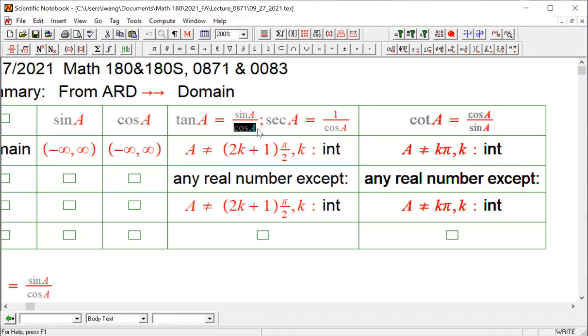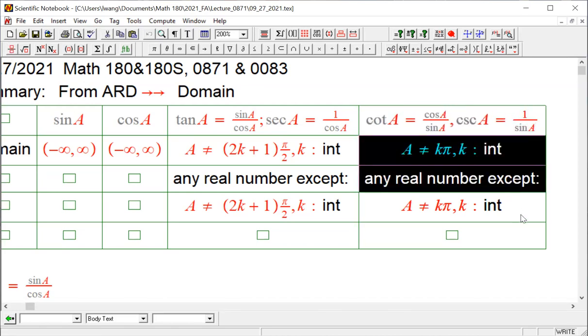And they have the same denominator, don't they? So they are going to share the same domain. Cosecant is 1 over sine A. So they're going to share the same domain.